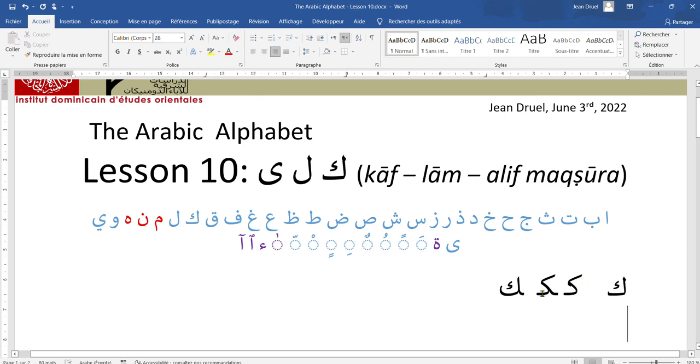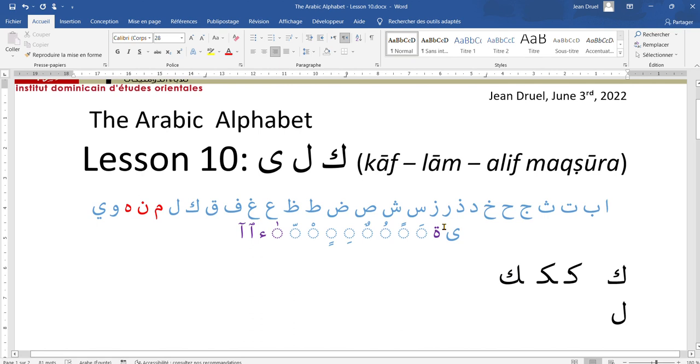The initial form and the middle form here, they are very similar and they have a long stroke on the top. This little sign in the middle that we have in the isolated form and final form is actually a small kaf again. So that shape is repeated inside, and the reason is to distinguish it from the lam, which is our second letter today.